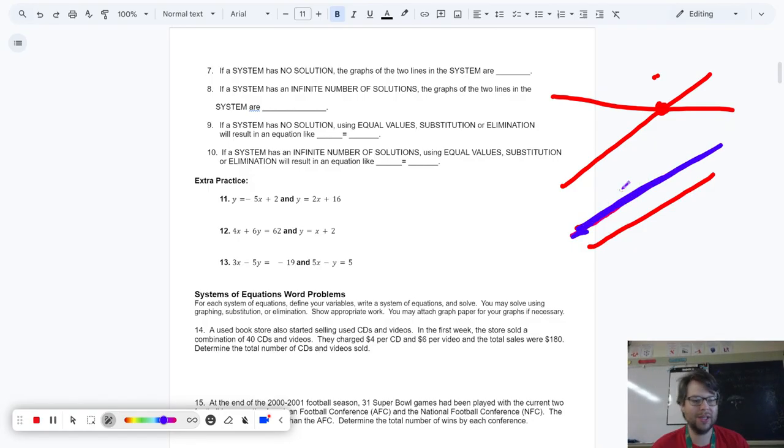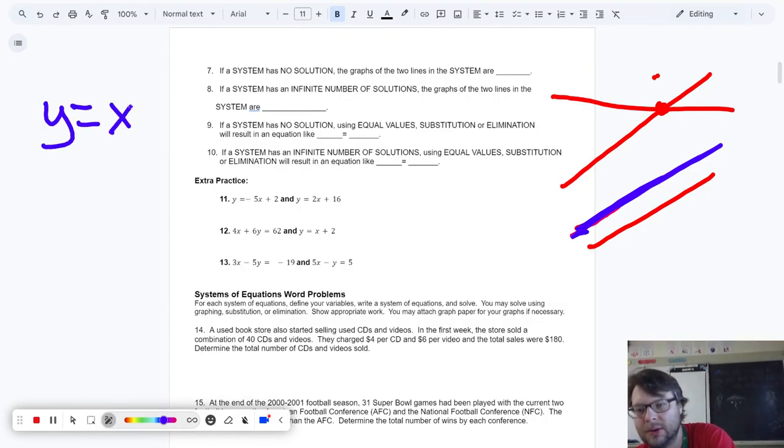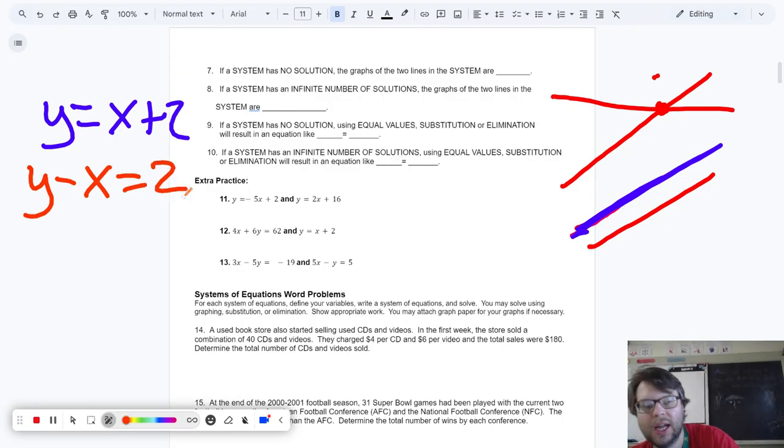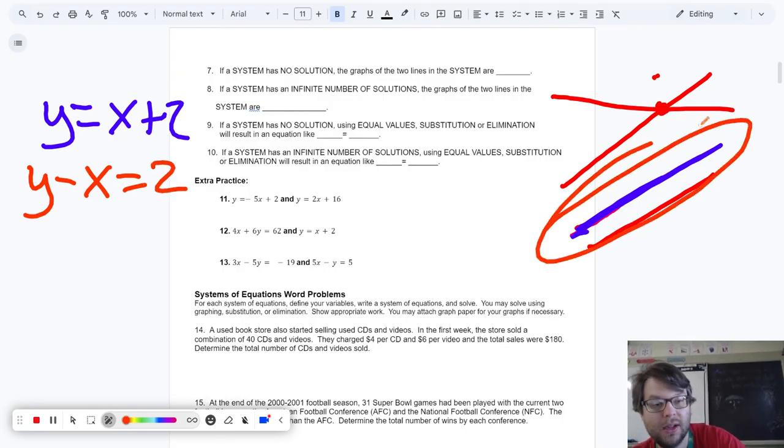If the 2 equations are exactly the same, maybe they're disguised, then the 2 line graphs are going to be exactly the same, which means they intersect an infinite number of times. So for example, if one of my equations was y equals x plus 2, and the other equation was like y minus x equals 2, I'm going to get a situation like this where one line is exactly on top of the other and they have an infinite number of solutions.